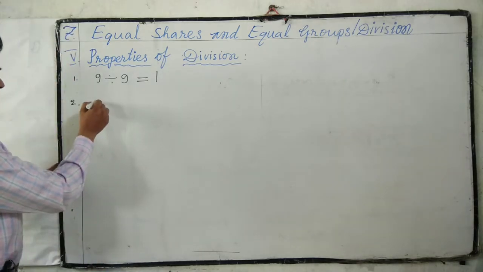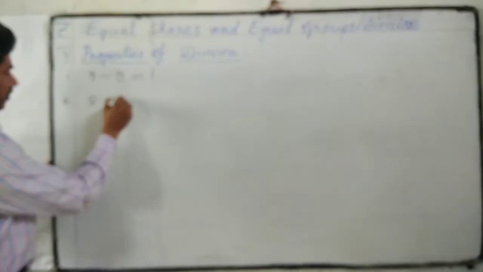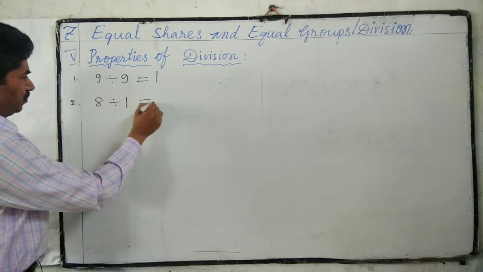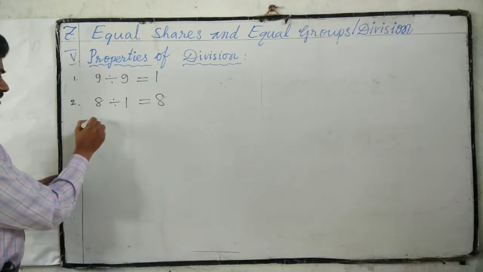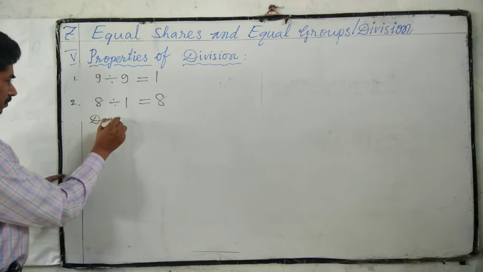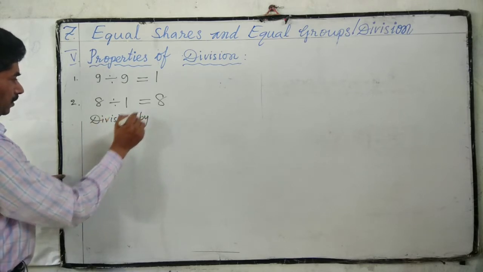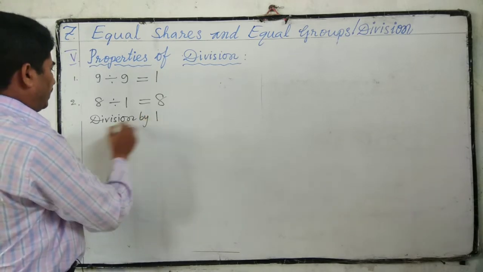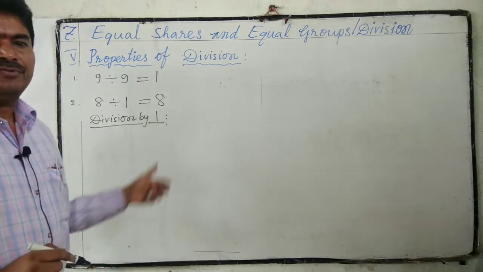Example, 8 divided by 1 is equal to 8. So this is called the property of division by 1.